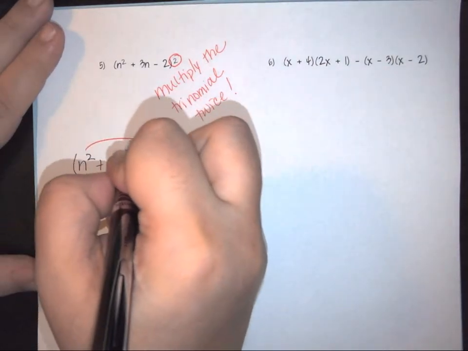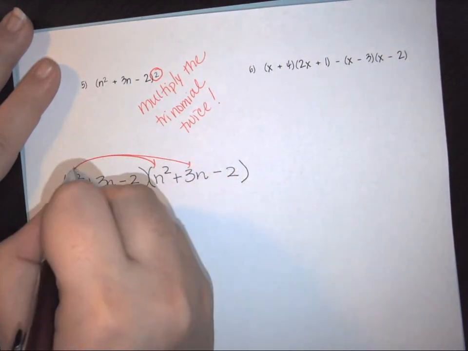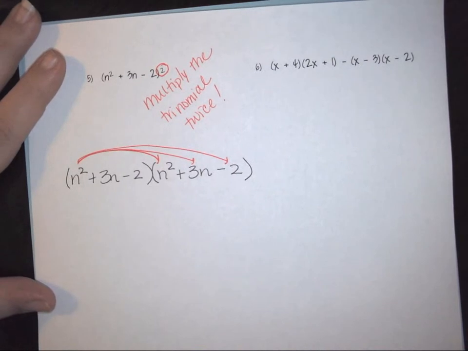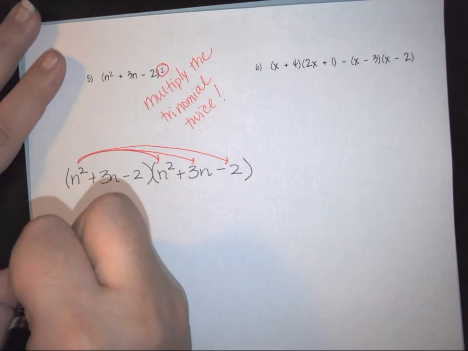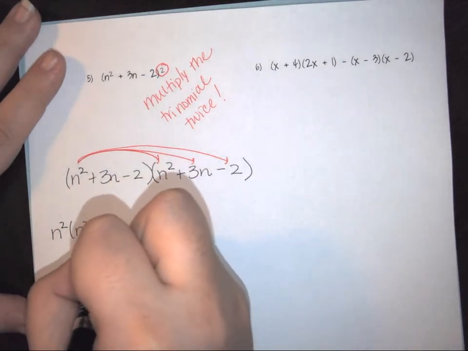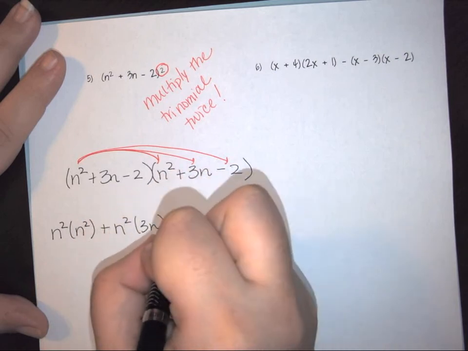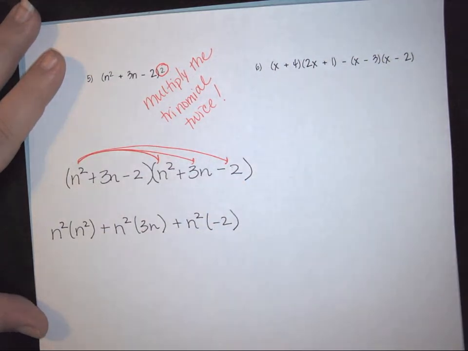We're going to take the first term and come into this parenthesis. So I'm going to take my n squared times an n squared. I'm then taking my n squared times my 3n. I'm taking my n squared times the negative 2. That's the first part.